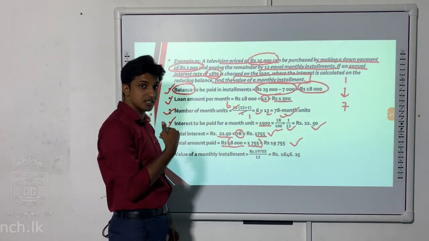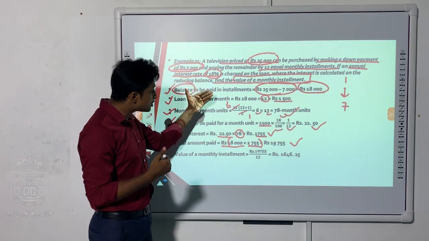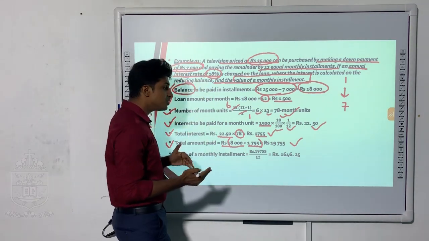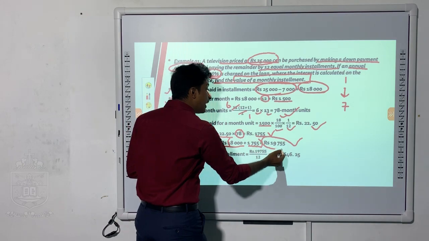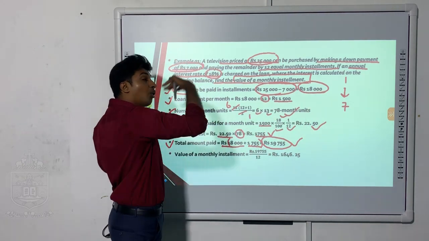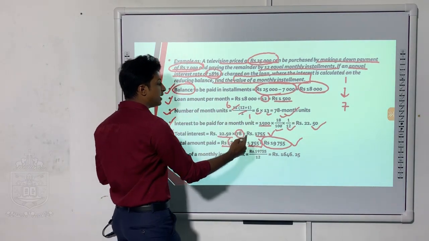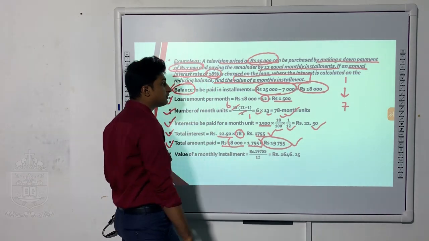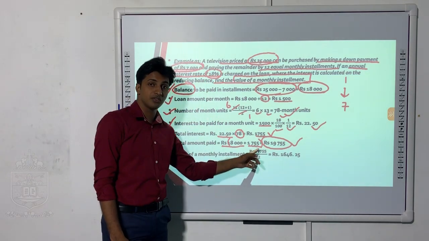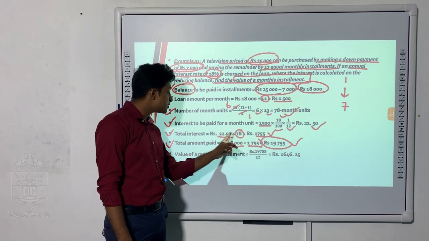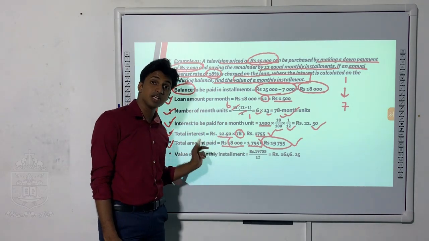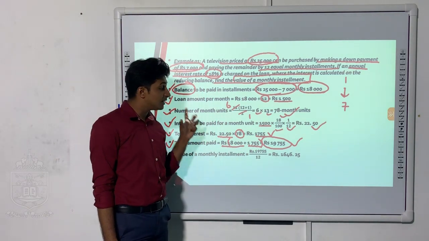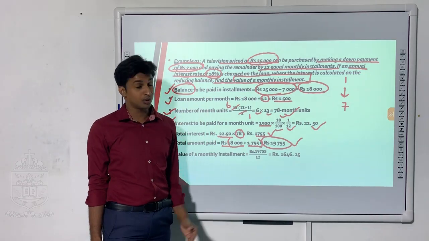That was my balance. But now since interest has been added, in all the monthly installments I have to pay 19,755. Who added this 1,755? This 1,755 was the total interest that was added to my account.